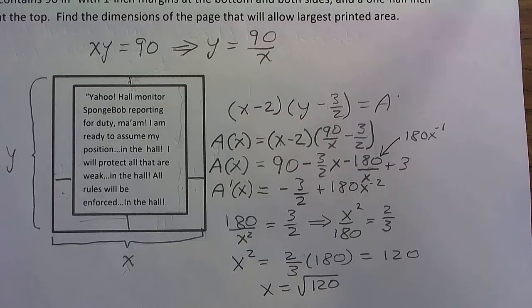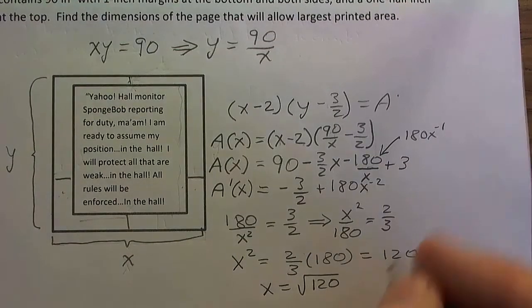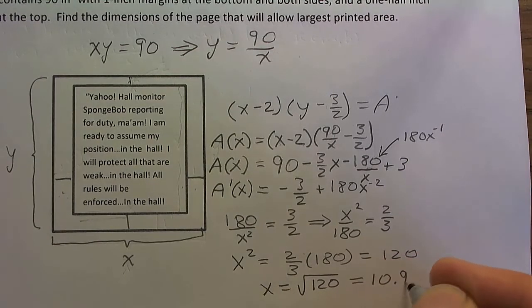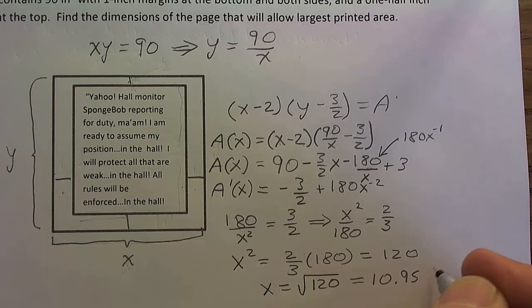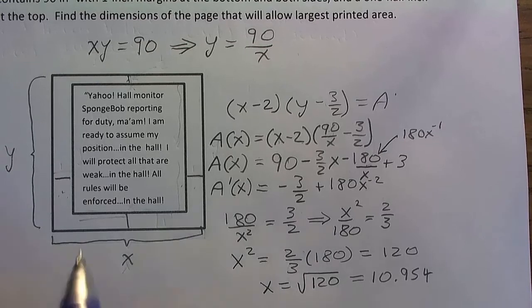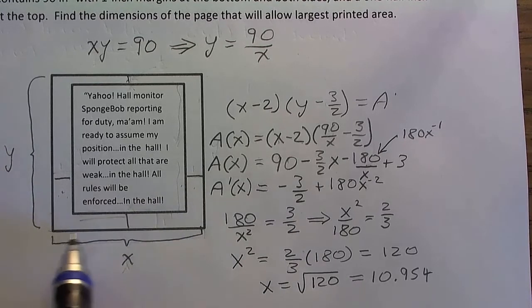So the square root of 120 is 10.95. We'll just call it 10.95. I guess I'll do 3 decimals. Okay. So there we have it, 10.954. That's what the x needs to be. In other words, that's this length right here.